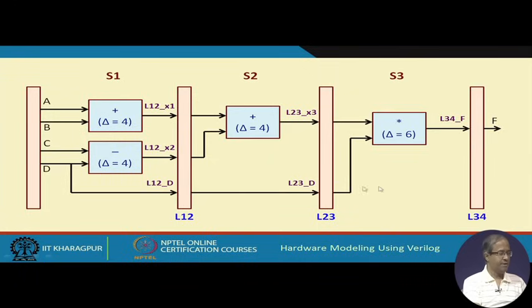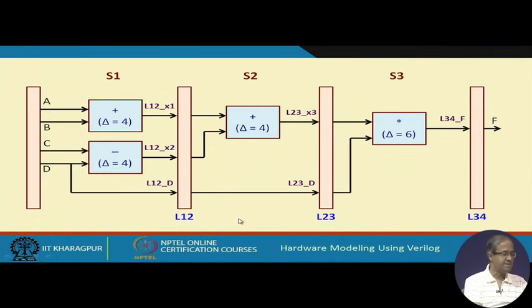Okay. Now, let us consider this L12. In L12 we need to store 3 values. It is not that x1, x2 and D are 3 registers that you need to have separately from the latch stage.